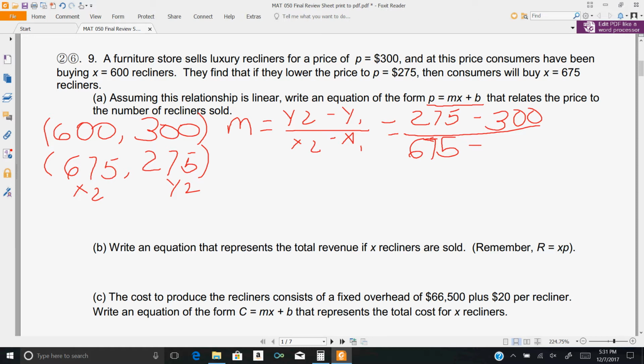So I keep my y2 and my x2 together, minus 600. In the numerator I get negative 25. In the denominator I get positive 75. Which I can reduce to negative 1/3.